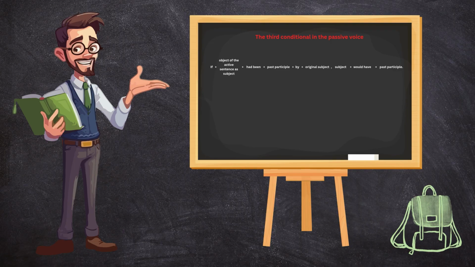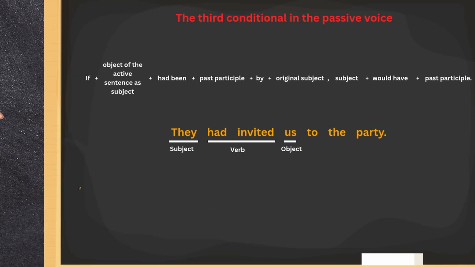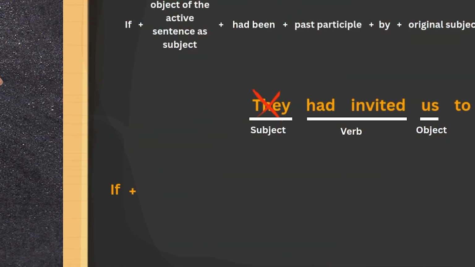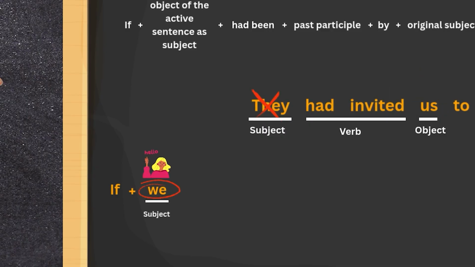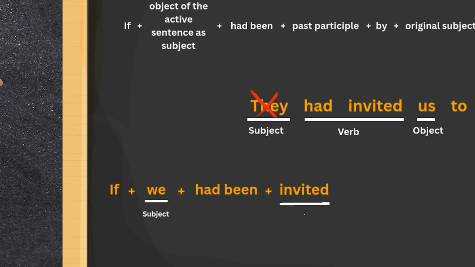For example, to make this sentence passive, you first write if, then omit the subject they, and put the object of the active sentence as the subject in the if clause. So we change us to we and put it after if, then add had been plus past participle.